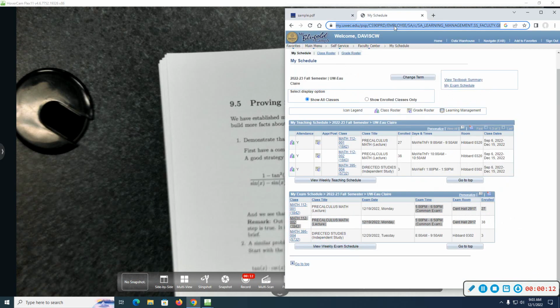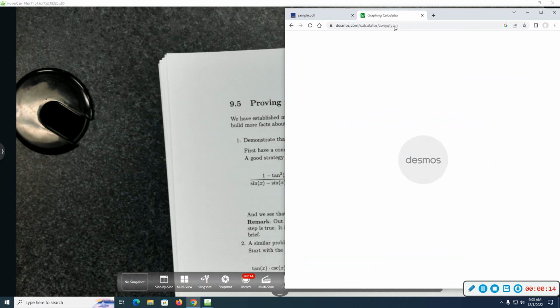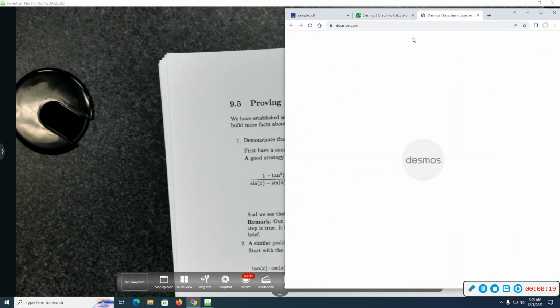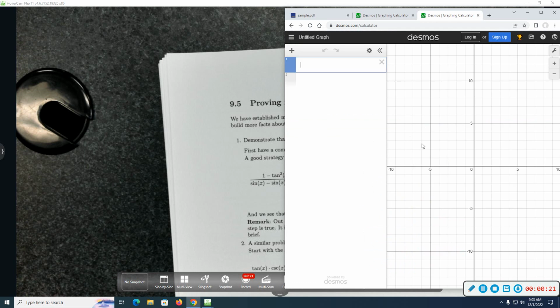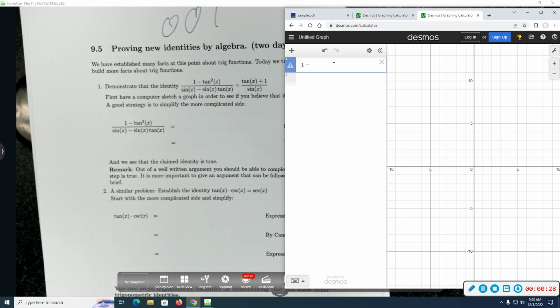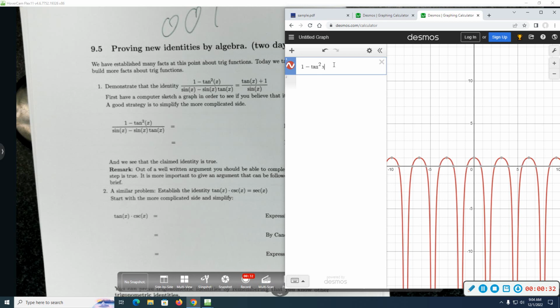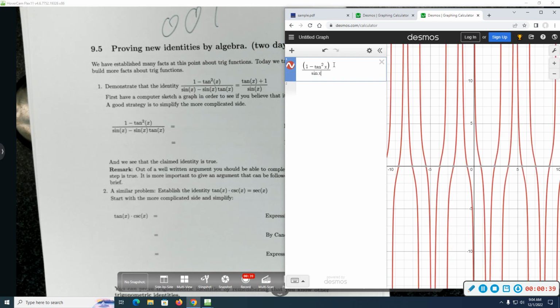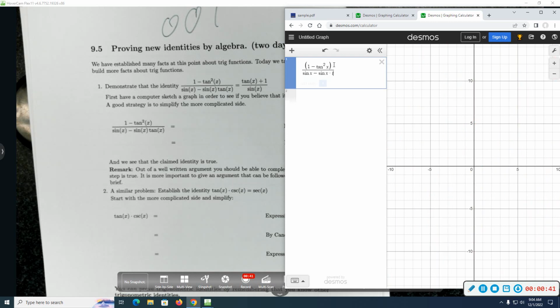Let's just graph both sides of this equation. 1 minus tangent squared x, all over sine x minus sine x times tangent x.